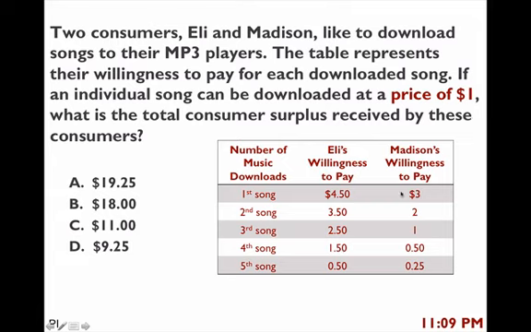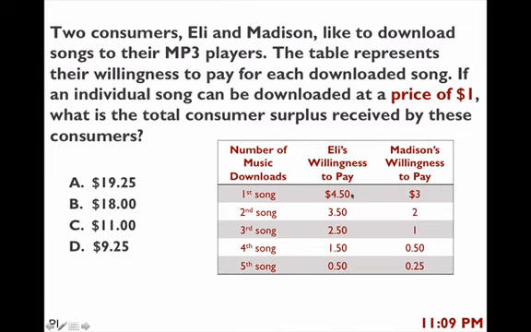So Eli's going to make about $9 in surplus. Now Madison buys the first song and she makes $2 on that, and she buys the second song too, and that's a $1 price, so she makes $1 surplus. So I have $3 in surplus here.